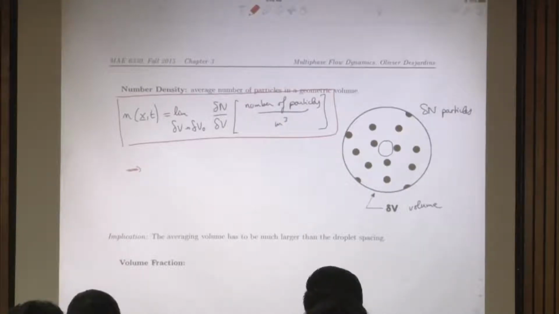That leads to the question, how should we choose delta V naught?